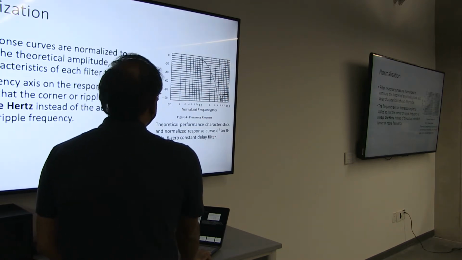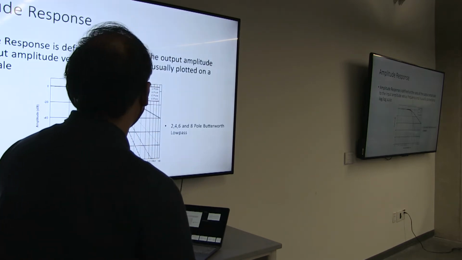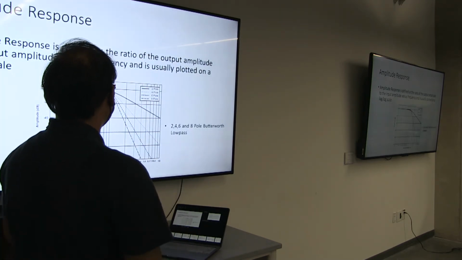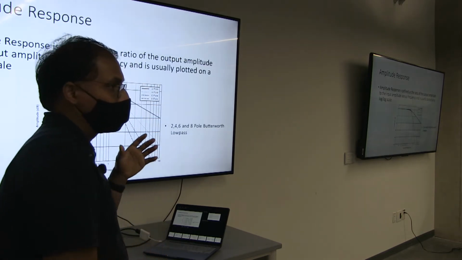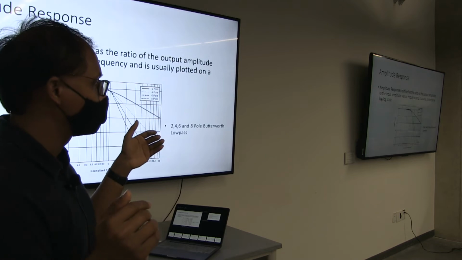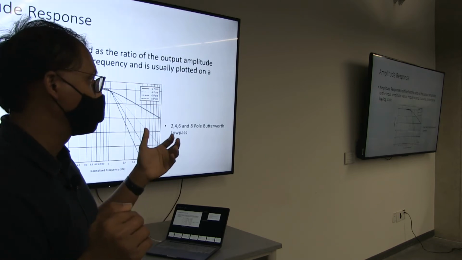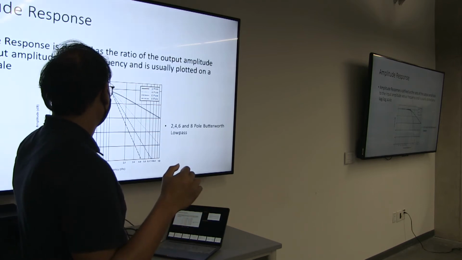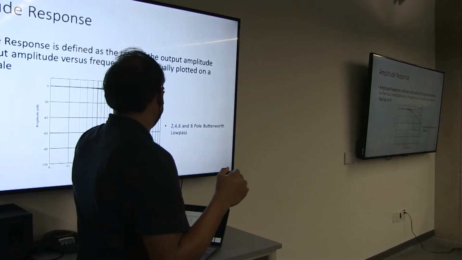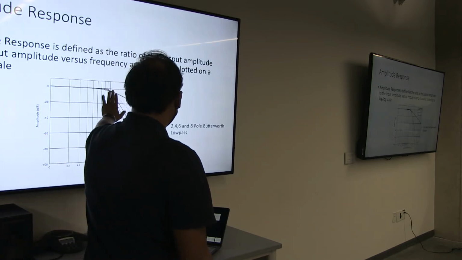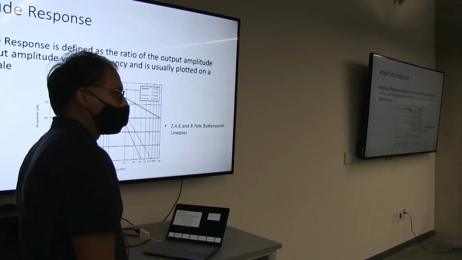The second is the amplitude response. Again, a filter is a transfer function, so amplitude response is basically the amplitude as we change the frequency. For a 2-pole system, the roll off is 40 dB per decade.